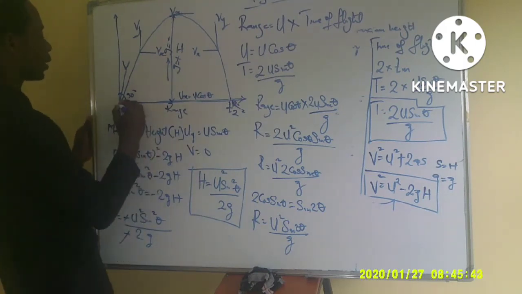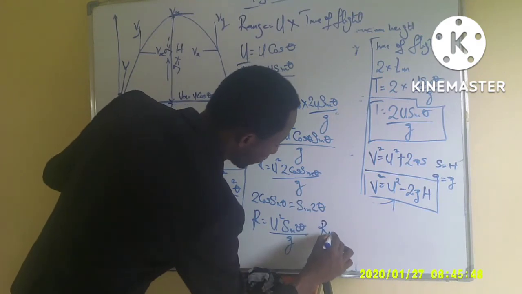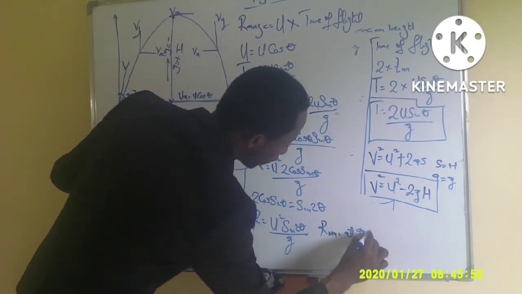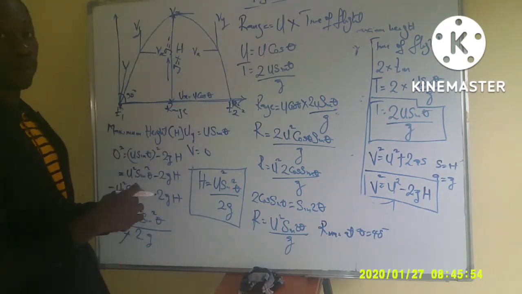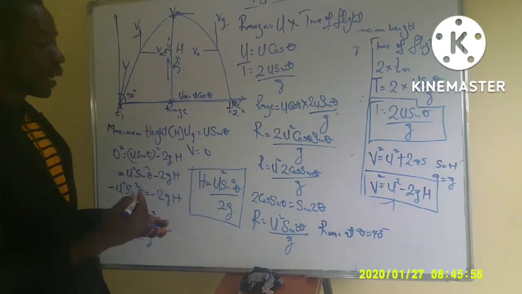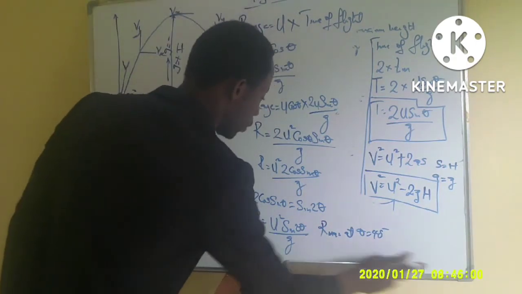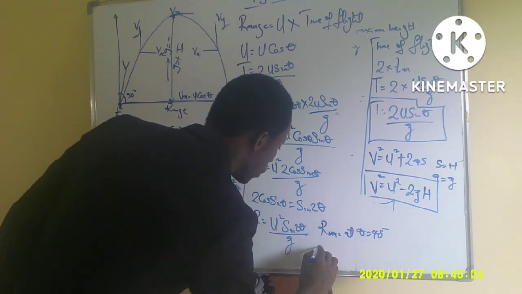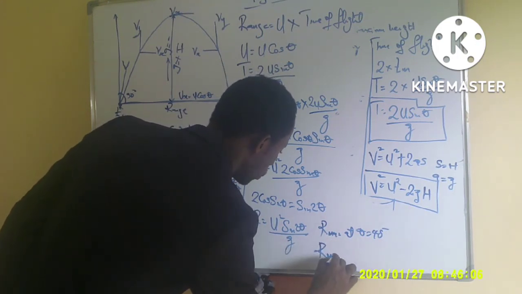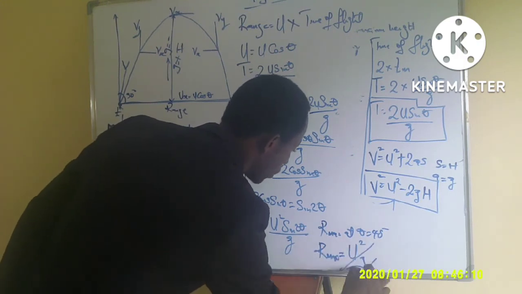The maximum range, R max, is at theta equal to 45, because 45 plus 45 gives you 90, and sine 90 gives you 1. So the maximum range, at theta equal to 45, is going to be u squared over g.